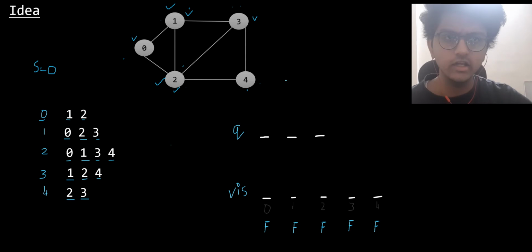First we will enqueue the source vertex, 0, in the queue, and then mark it as true, as we have visited 0.